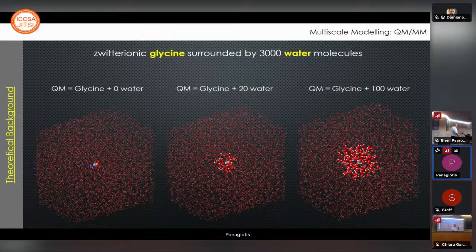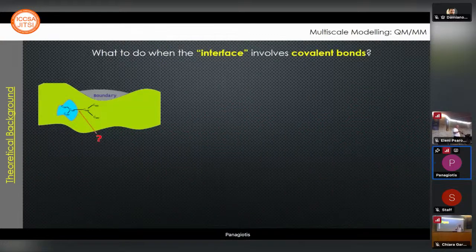Well, here we have to define also the interface. In this case, it's very easy because the difference is just the number of water molecules I include in the QM region. So I don't have to break bonds. I put more molecules and define my interface. But for example, in a macromolecule like a protein, when I define the QM region, I have to cut bonds, to break bonds. So in this case, the nature of the atoms in the QM region changes drastically, because I am removing the atom which is bonded to it, and I'm putting this atom in the MM region.